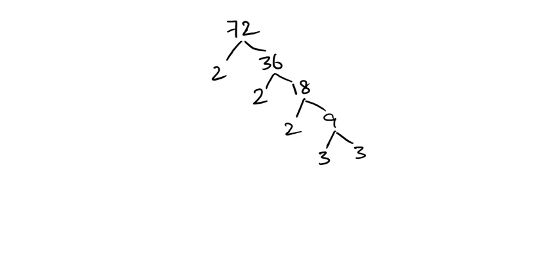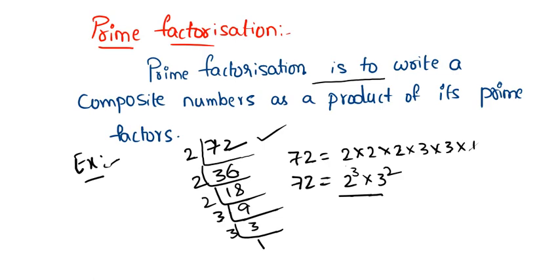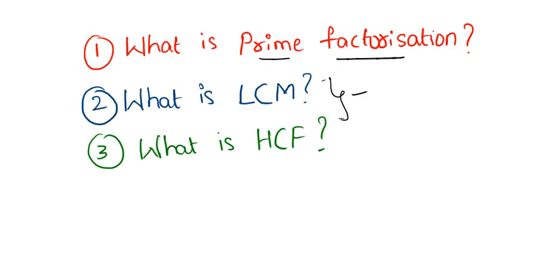So we write 72 equal to 2 power 3 into 3 power 2, since there is no further branch, so 3 into 3 is 3 squared. In this method also the answer is the same, 2 power 3 into 3 power 2. So we find the prime factors in this way, and now we see another topic in this video.